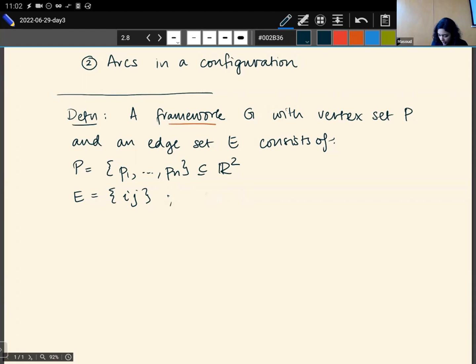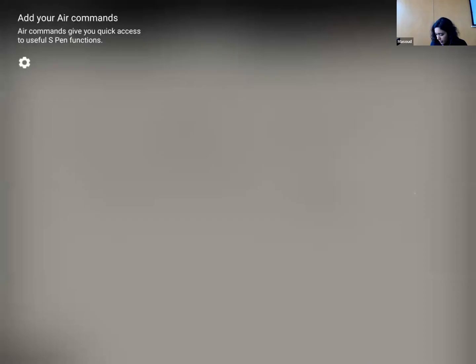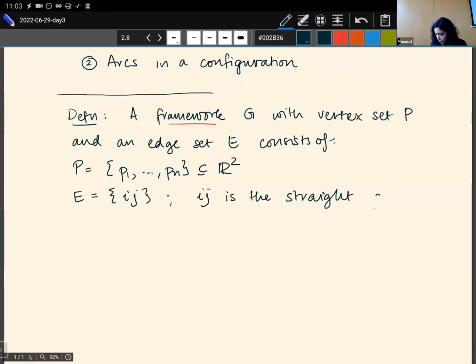So where ij is the straight line segment, thought of as a rigid rod.